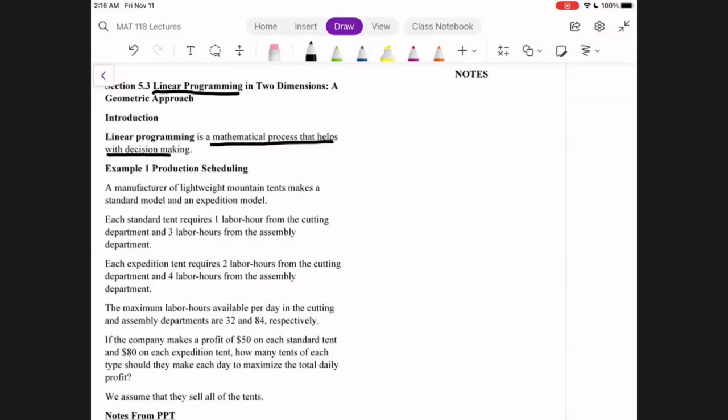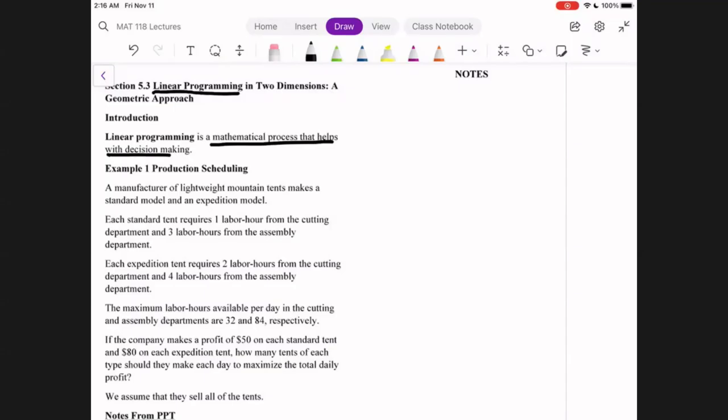So we're going to take some of the stuff that we learned in 5.1 and 5.2 and add an additional piece, and then decide what is the best. You can think of the stuff that we did in 5.2 as, we have certain restrictions.